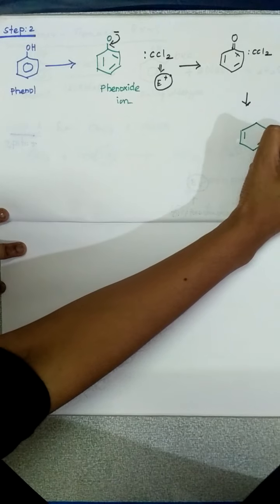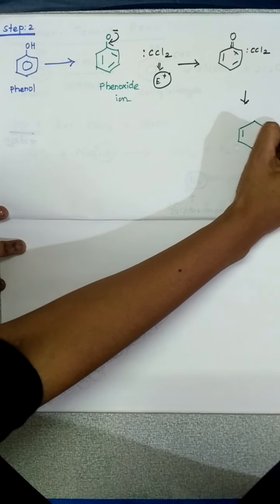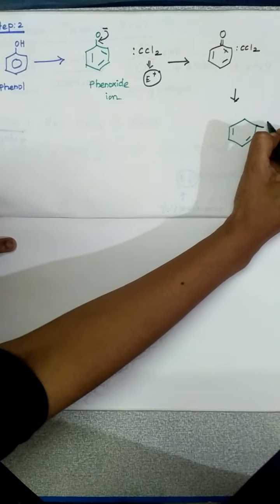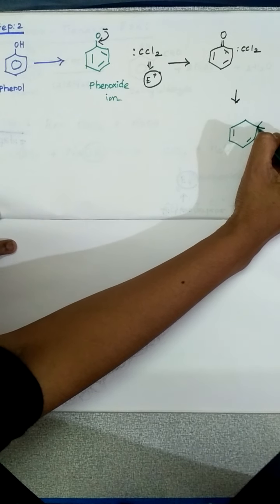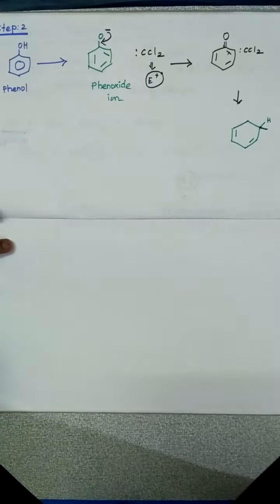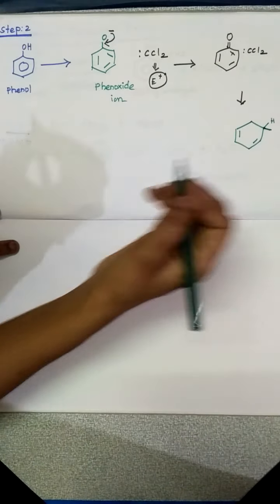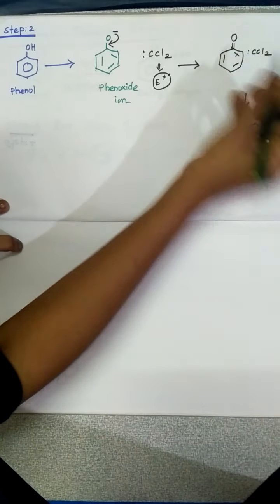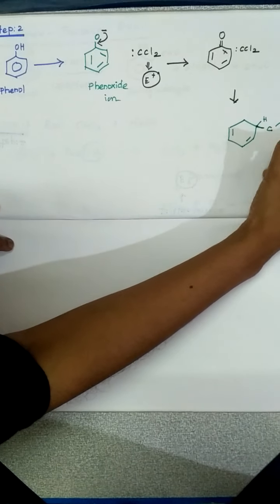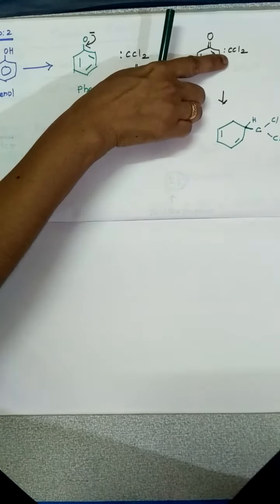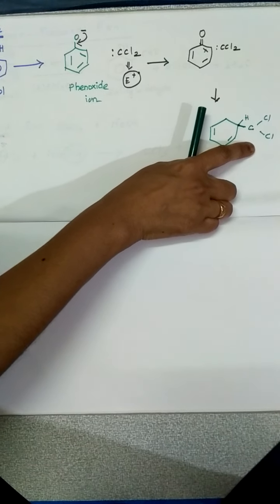The bond shift will be there, and the hydrogen atom which is present here will be shown here. This carbon with 2 Cl, the CCl2, I have written like this.